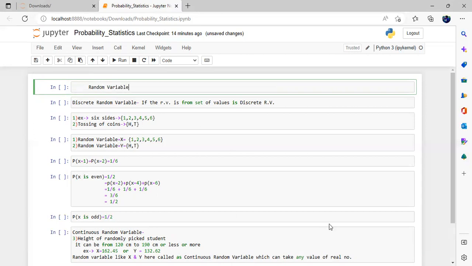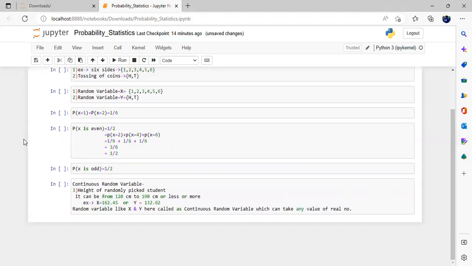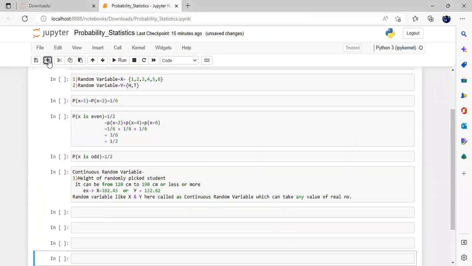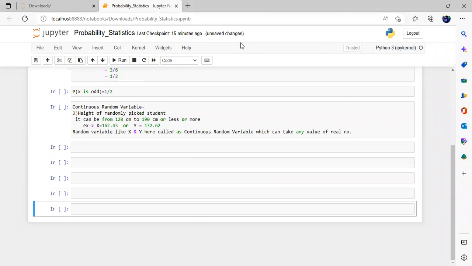Right? So Randy, you cleared about random variables, discrete random variables and continuous random variables, right? This part is clear.